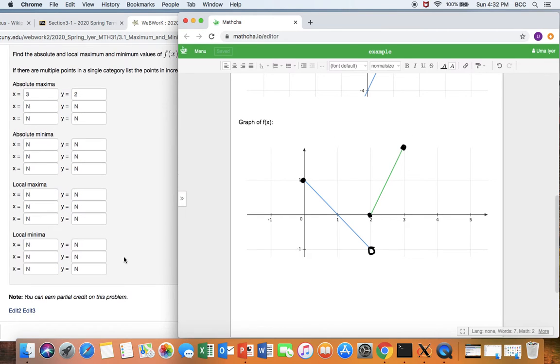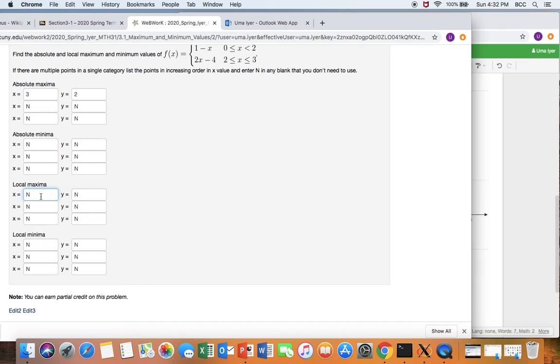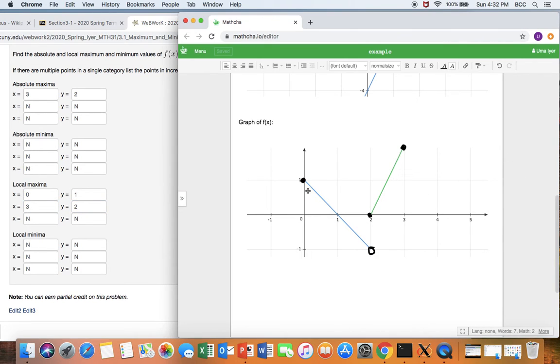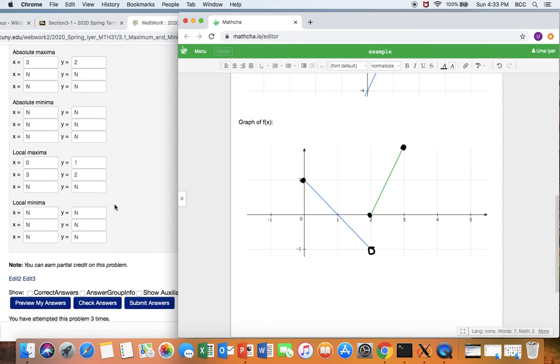So it should be 0, 1 and 3, 2. You understand? Local maximum. This is a maximum locally and this is another maximum locally. Okay. But I have checked these answers and WebWork doesn't seem to accept these two. WebWork is wrong. I'm letting you know.